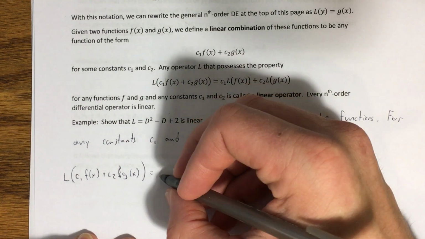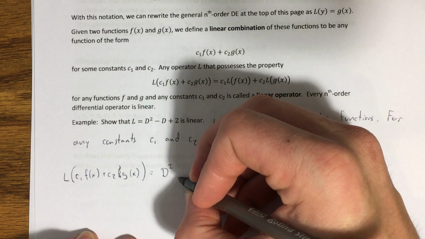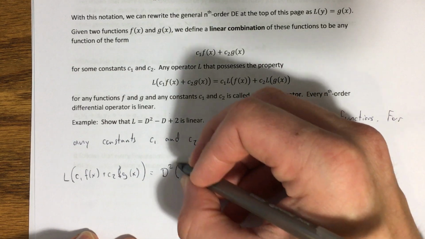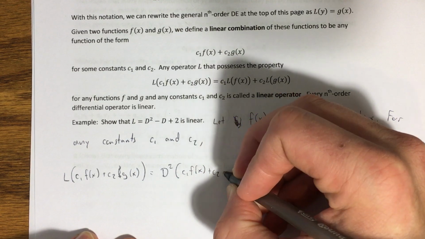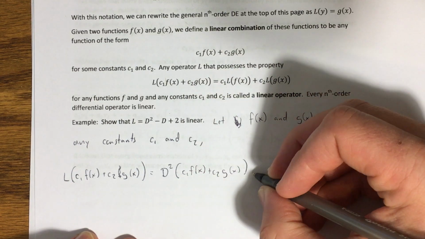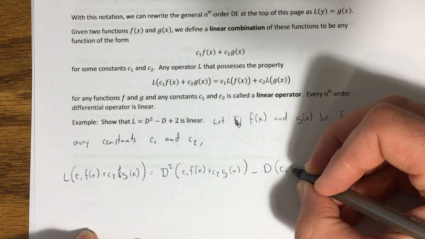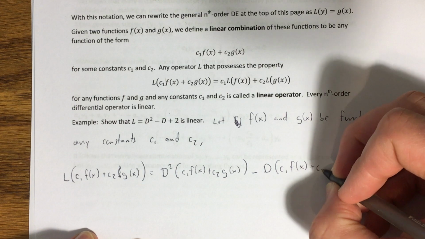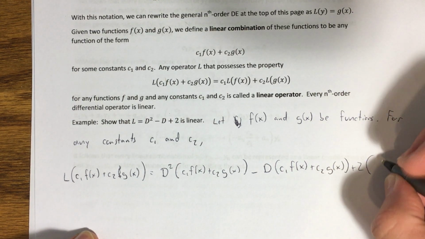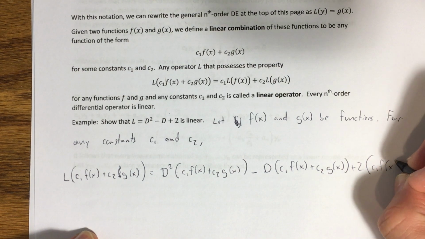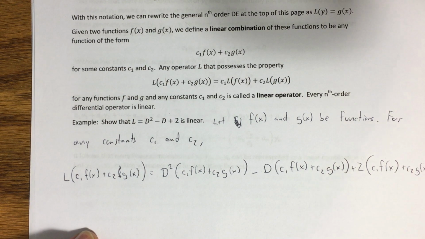Well, that's equal to this. d squared of my input there, c1 f of x plus c2 g of x, minus my differential operator d of c1 f of x plus c2 g of x, plus 2 times that product, c1 f of x plus c2 g of x.